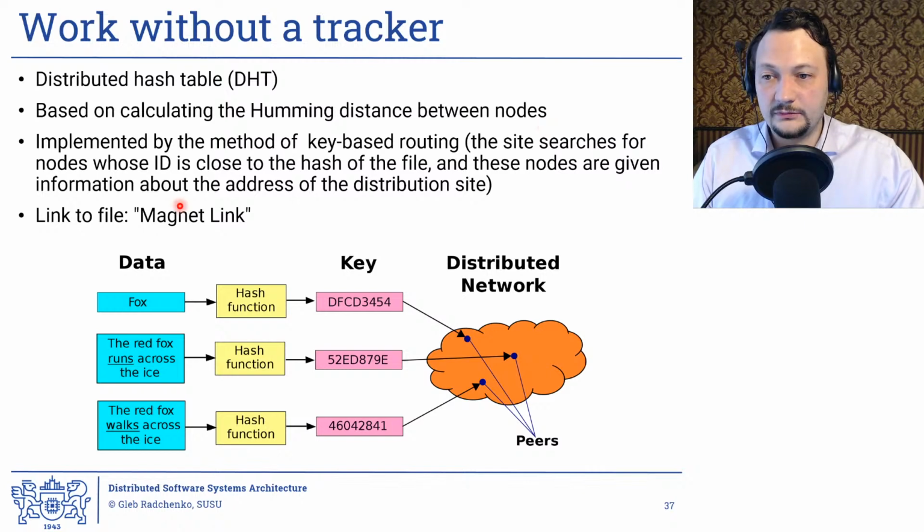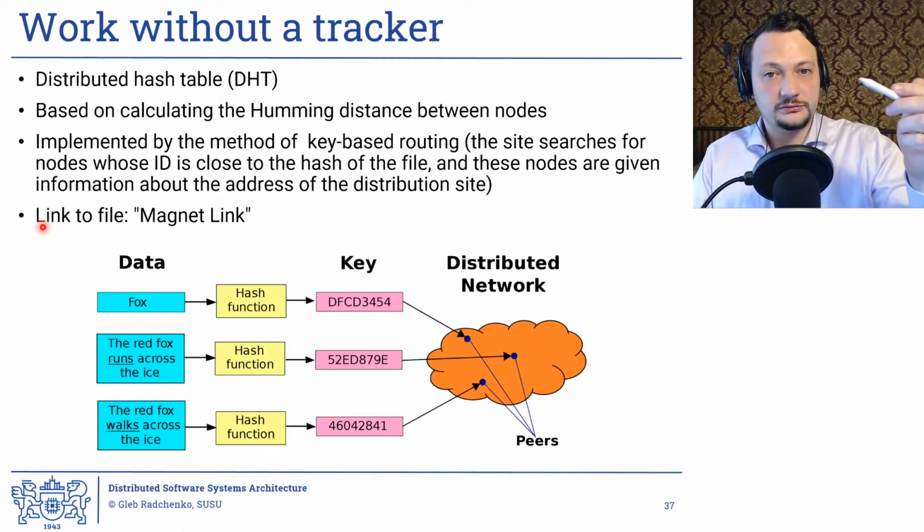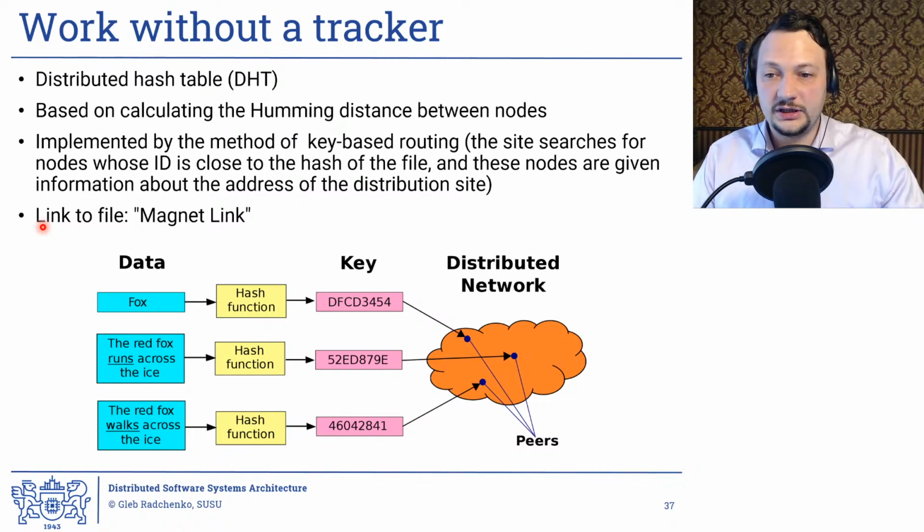And instead of the torrent file that you gather from the torrent server and that you use to connect to the tracker to search for the file, in the DHT approach, you get a thing called a magnet link. A magnet link is just a very, very long ID. This ID identifies the document that you are trying to find.